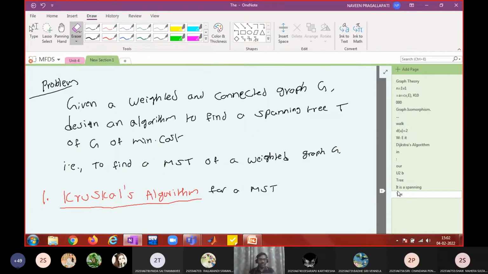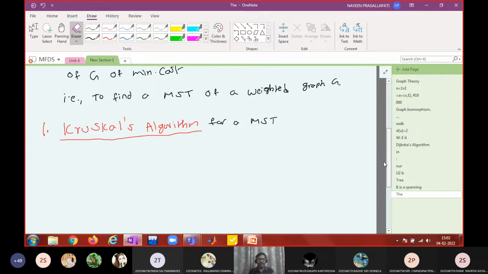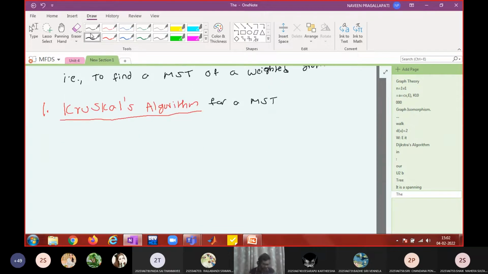So now write down Kruskal's algorithm for a minimum spanning tree. What is the input? The input for your algorithm is a weighted connected graph. Connected is probably the default assumption, but I am writing it, because only connectedness will guarantee the existence of a spanning tree.